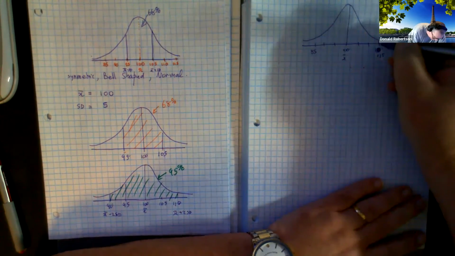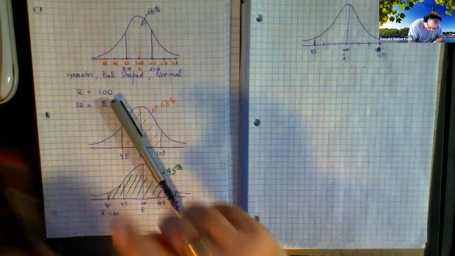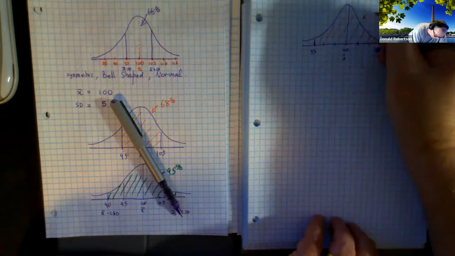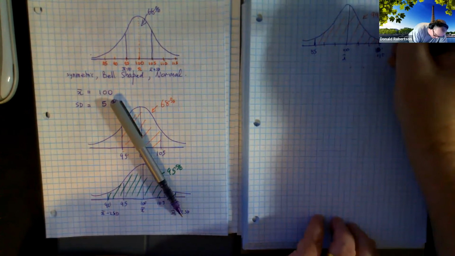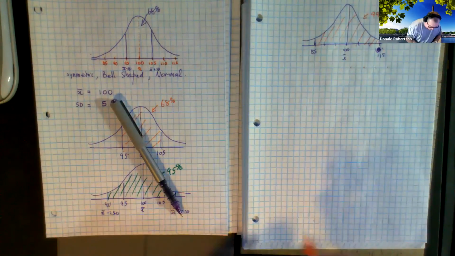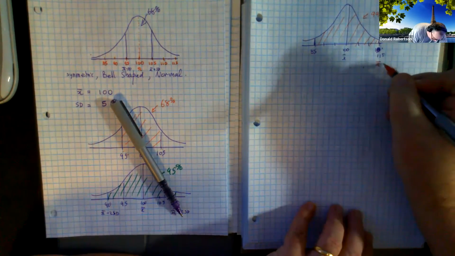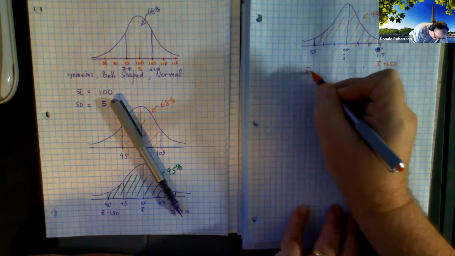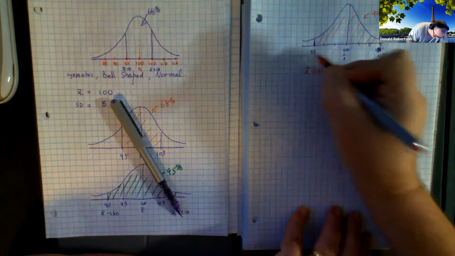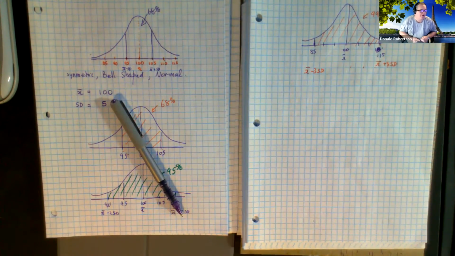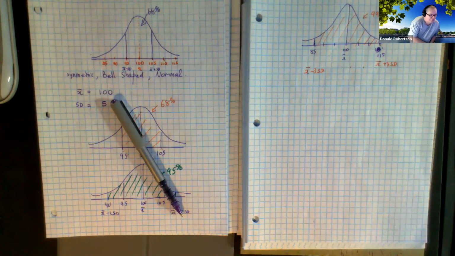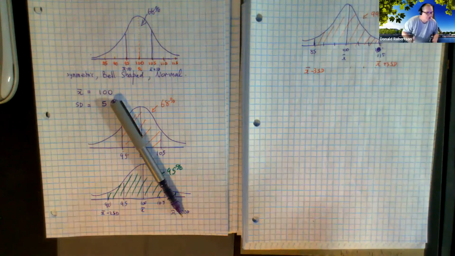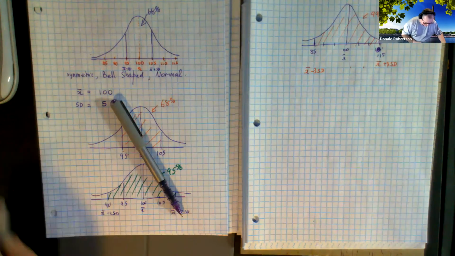So from here to here, which is 3 standard deviations, you get 99.7% of the data. So if you take the mean and you add 3 standard deviations, you get to this number. If you take the mean and you subtract 3 standard deviations, you get this number, and 99.7% of the data is in that range. In other words, almost everybody will probably be within 3 standard deviations of the mean.